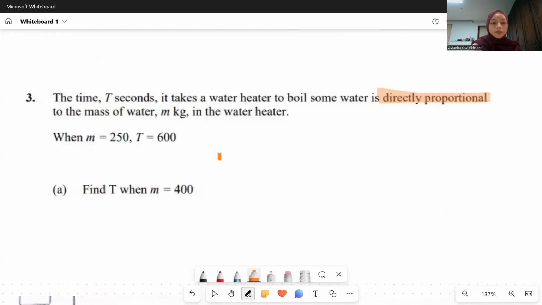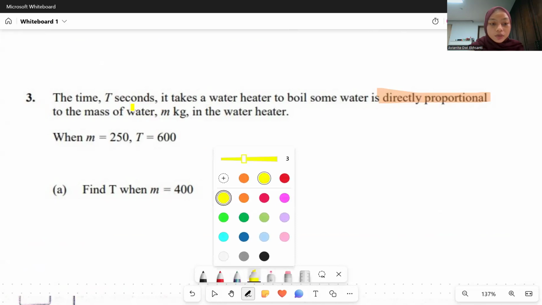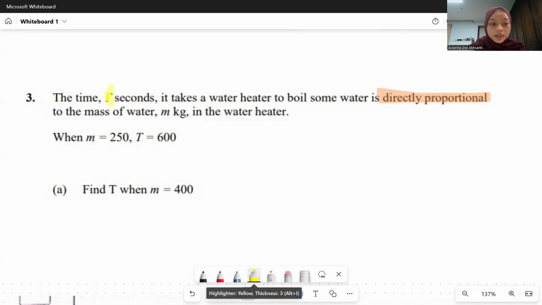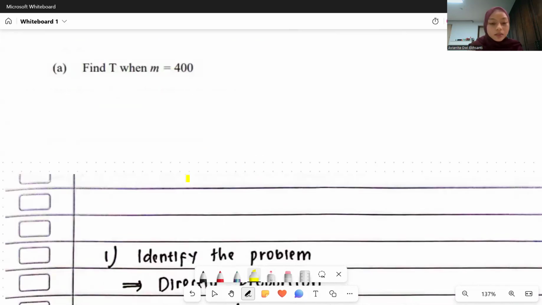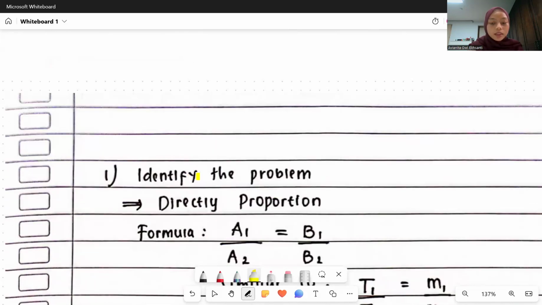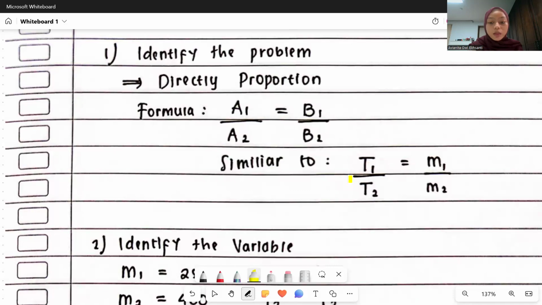In this problem, A represents t, or time, and B represents the mass, m. So we can write the formula as T1 over T2 equals M1 over M2.